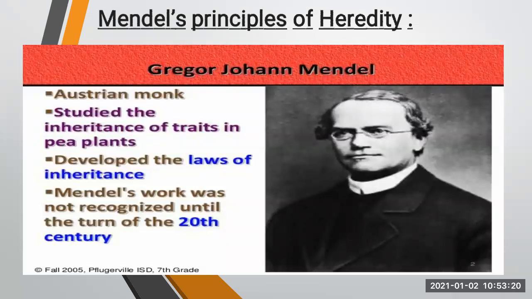He was born on 20th July 1822 and died on 6th January 1884. Gregor Johann Mendel was an Austrian scientist. He studied the inheritance of characteristics of the pea plant. He showed that the inheritance of these characteristics follows certain principles. Later, these principles became popular by his name. Mendel's work was recognized in the 20th century.